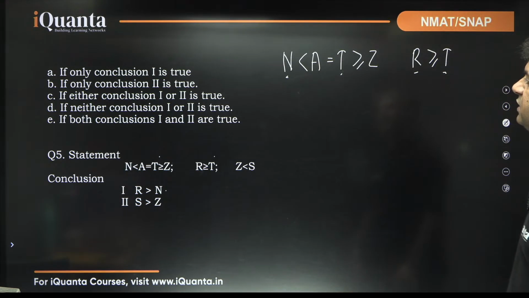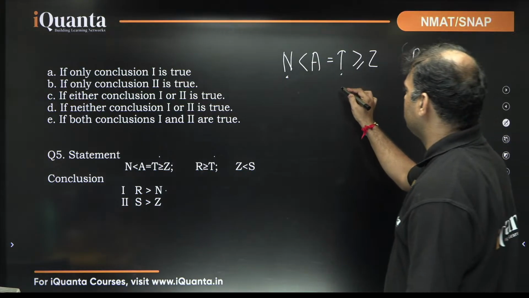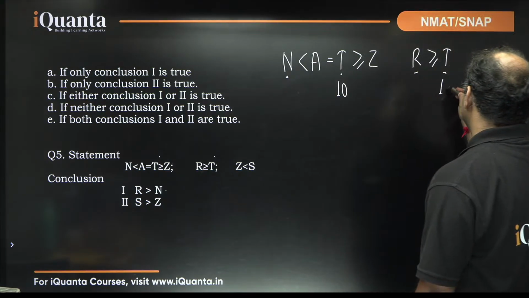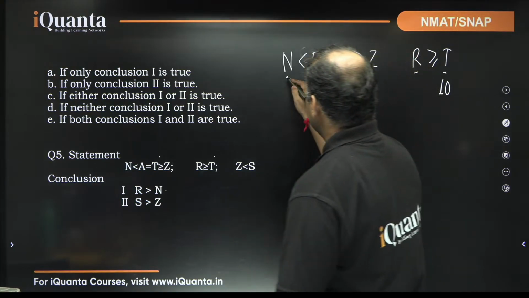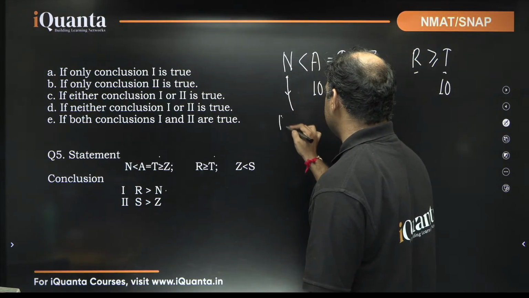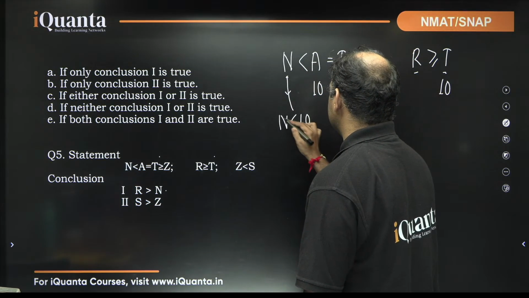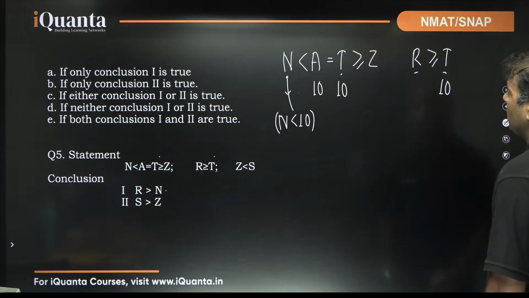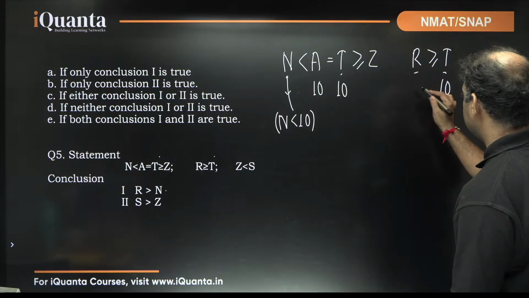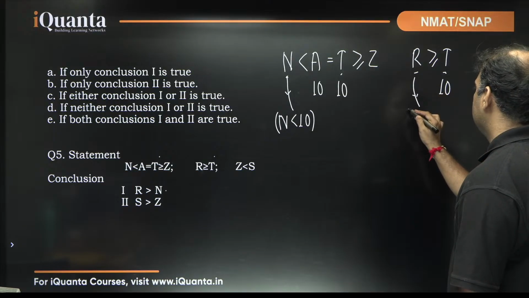Let's assume t for a while as 10. Then a will also be 10 because a is equal to t. Now n is less than a, that means n must be less than 10. Now r is greater than equal to t, that means r has to be greater than equal to 10.